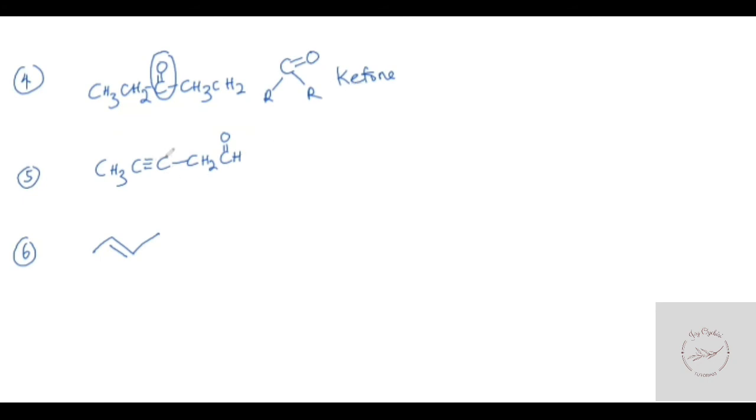And then here you have this, which is a C triple bond C, which is an alkyne. And we have this other group here, which is CHO, which is an aldehyde.